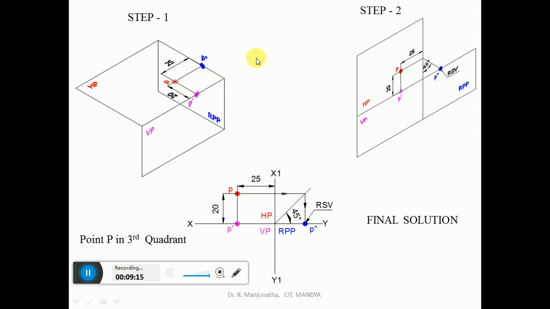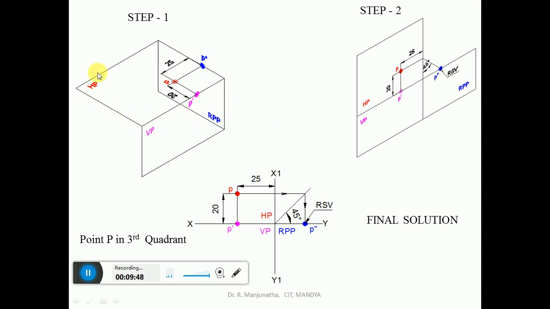So when you look from the right side view, we can see the distance behind VP and also on HP both. And when you look from the right side view, the point is behind RPP. The distance behind RPP, which is 25 mm, when you look from the top view, is seen in HP, and when you look from the front view, it is seen in VP. This is this distance.